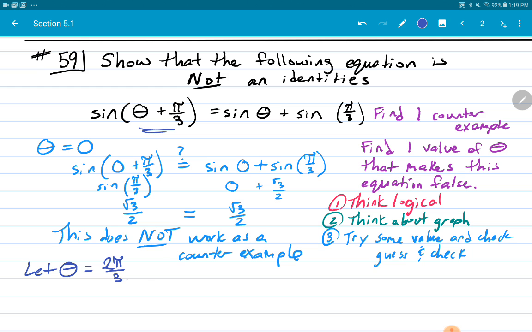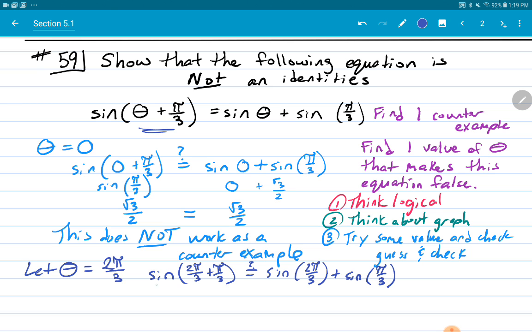Then I have sine of 2 pi over 3 plus pi over 3. And I want to know if that is going to equal sine of 2 pi over 3 plus sine of pi over 3.